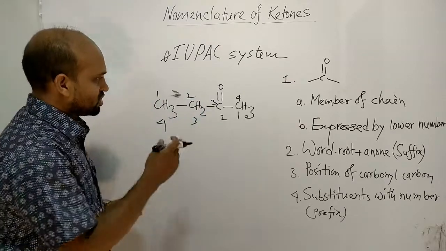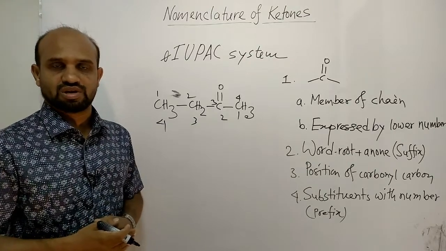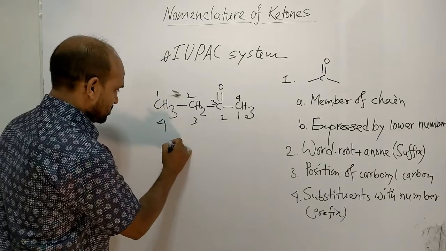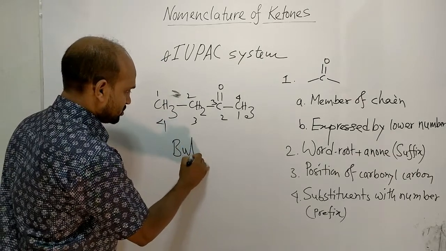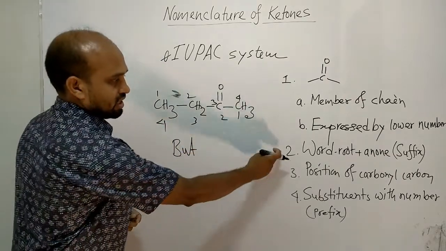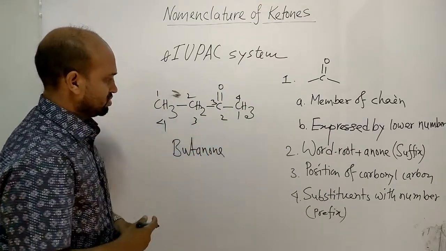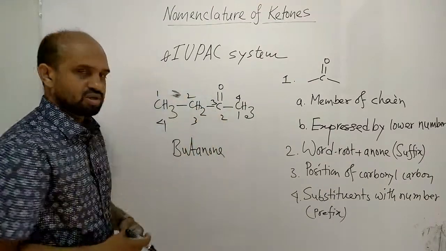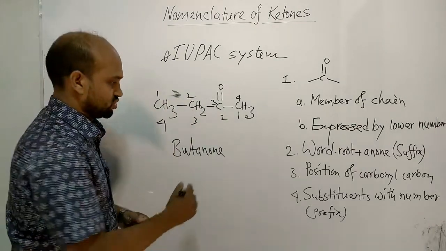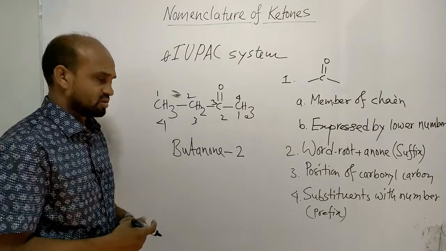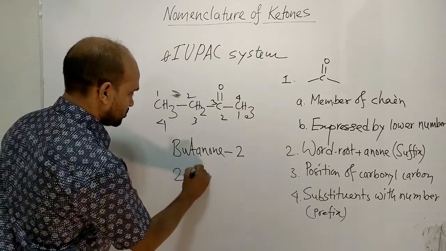So carbon atoms in this compound are numbered from the right. Then 4 carbon atoms, word root is but, then anone as suffix, butanone, and carbon 2 is the carbonyl carbon, so butanone 2, or we can write it as 2-butanone.